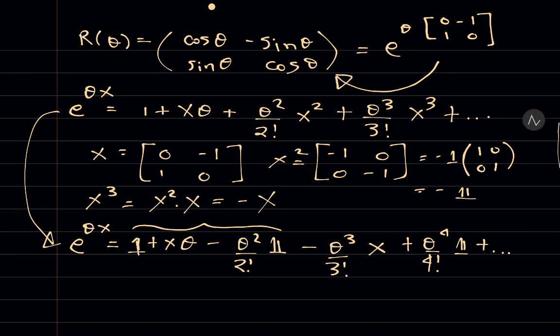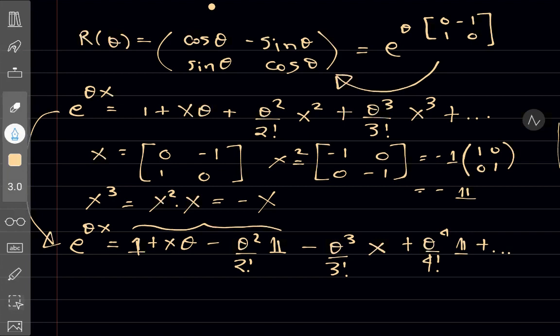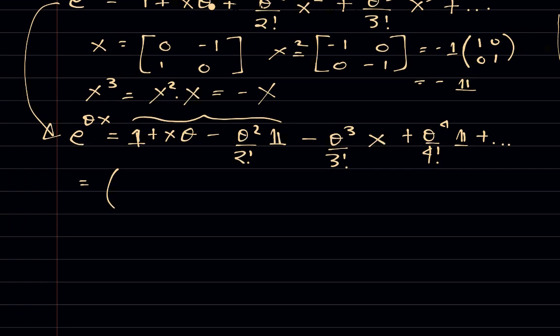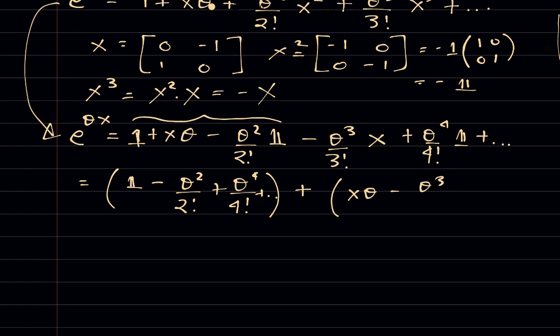Now we have everything at our hands, and I would like to separate things in the following way. So that equals, I keep identity here and theta square by 2 factorial here plus theta 4 by 4 factorial here plus dot dot dot, and then I separate X theta minus theta cube by 3 factorial X and plus or minus dot dot dot.